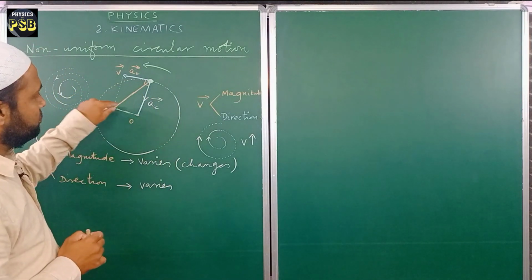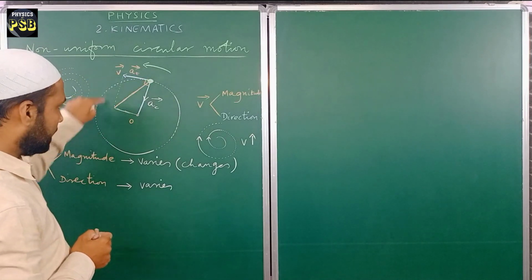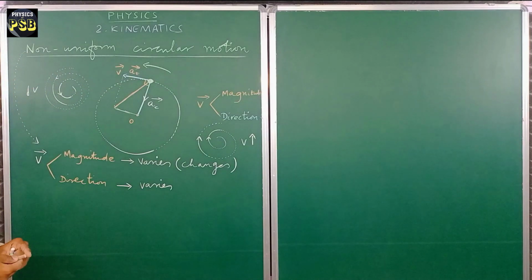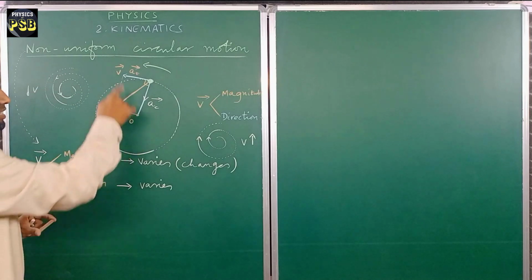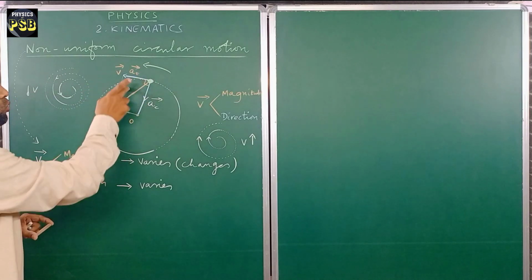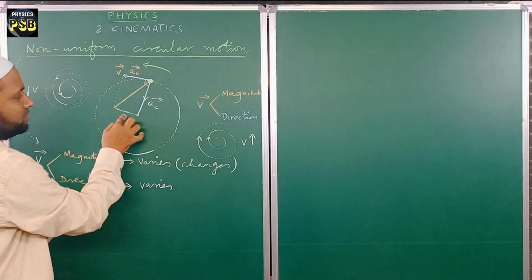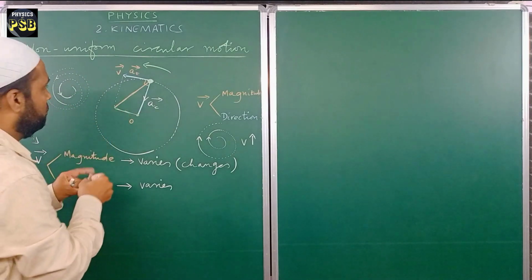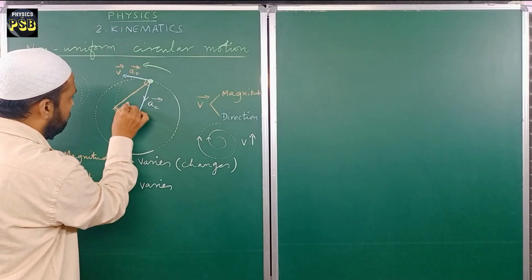This is the diagonal. This diagonal divides the rectangle into two right angled triangles. Here this is one vector, which is nothing but AT vector.